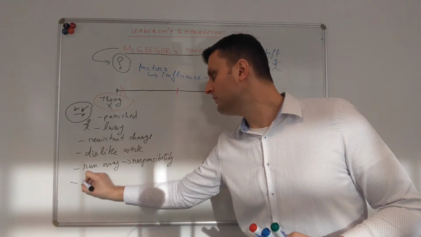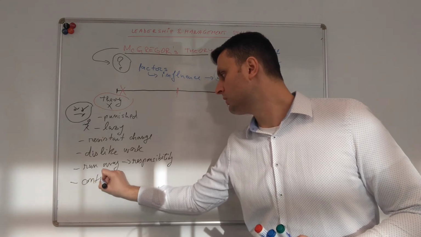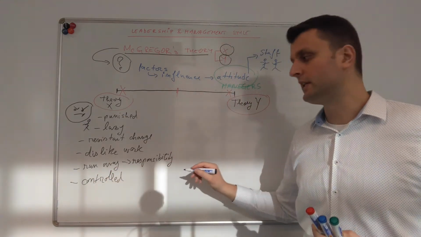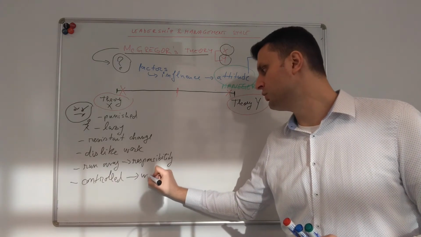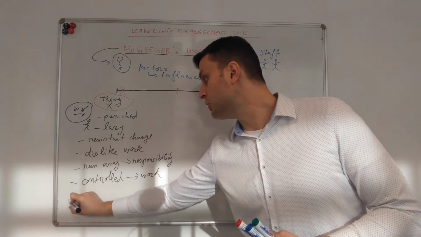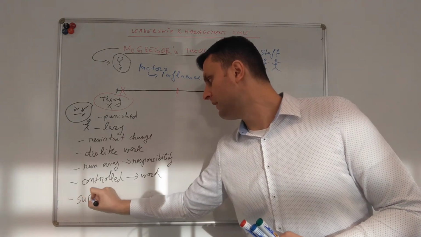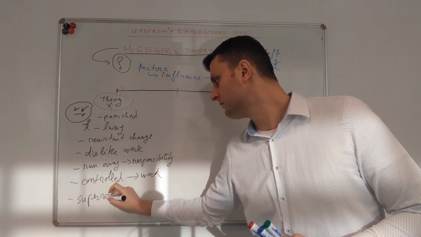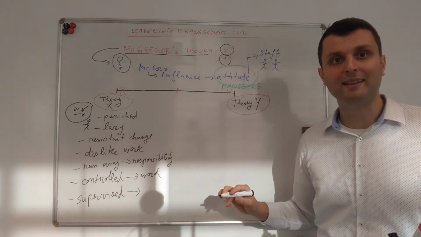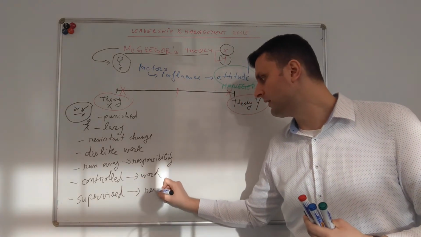And employees need to be controlled firmly and often so that they will actually do the work. And besides being controlled, they should also be supervised in order to make sure that they deliver the expected results.